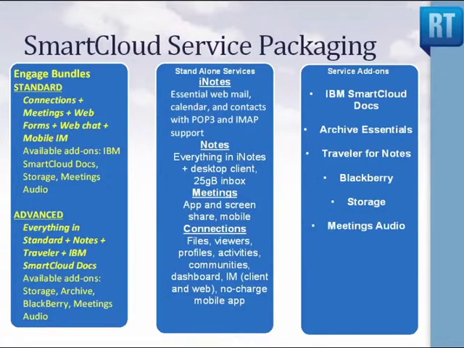Looking at the details of the standard bundle, we see that if you buy that, you are actually buying IBM Connections, also IBM Meetings, some other stuff, web forms, web chat, that would be instant messaging, and mobile instant messaging, and then in essence everything except mail. If you look down at the advanced bundle, you see that includes everything and mail, okay, and that's Notes Mail with the Notes client license if you want it, and it also includes Traveler, and it also includes IBM SmartCloud Docs.